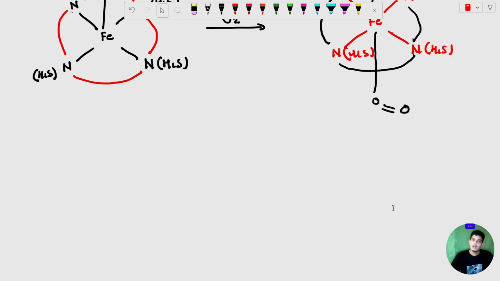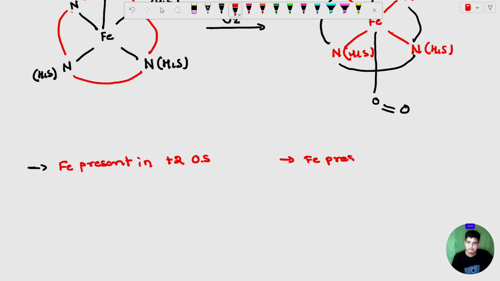Now I can write down some points of deoxymyoglobin and oxymyoglobin. The first point: in deoxymyoglobin Fe is present in the +2 oxidation state, and in oxymyoglobin Fe is present in the +3 oxidation state.